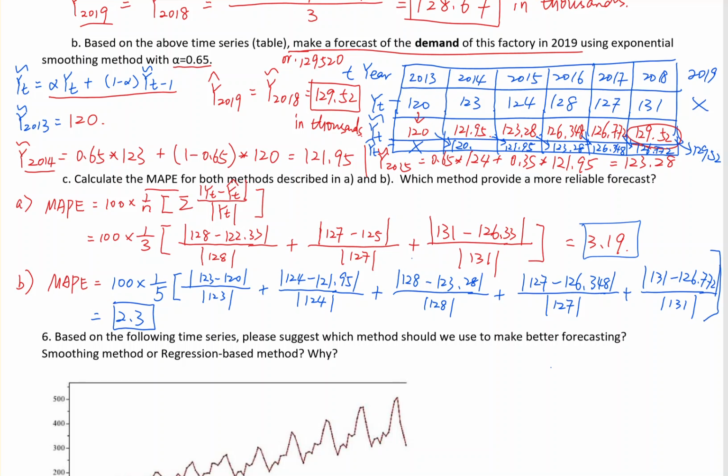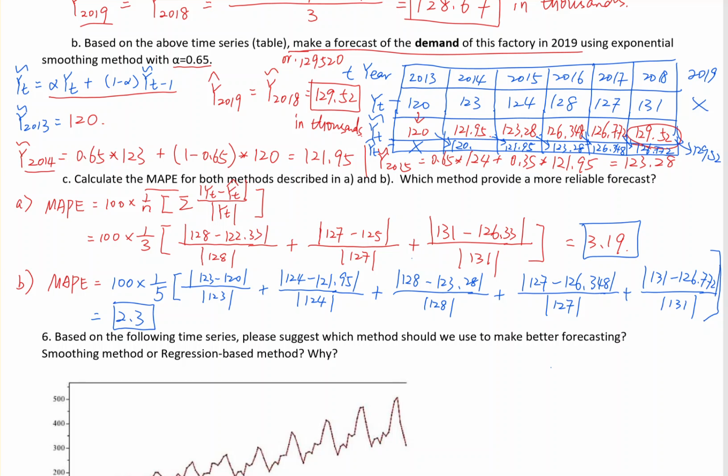In the exam, I will not ask you to calculate so many terms, but here for the practice, I want you to practice again and again so that you don't have any problem figuring out which one is which. In practice we practice more, but in the exam we make it easier.